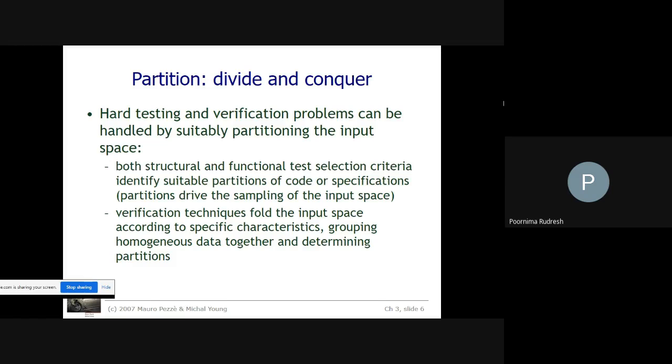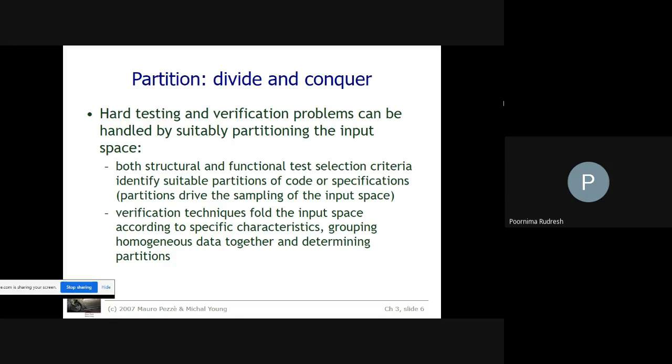Understood? Applying the partition at the process level, that is the first thing, and second one is applying the partition at the technique level. Process level means we are dividing the complex activities into a set of simple activities, and each activity can be solved independently or can be handled independently.